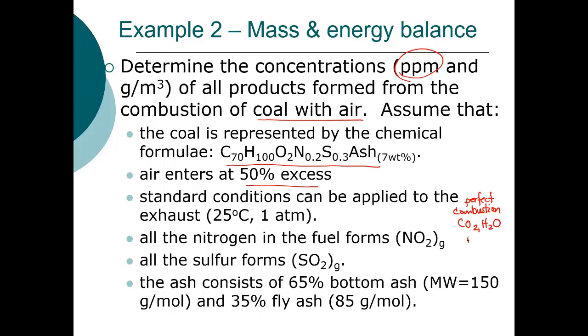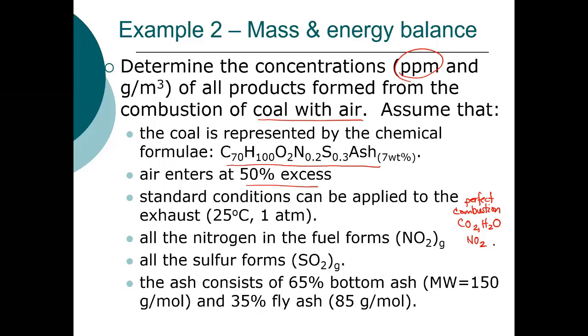We'll assume we have NO2, but that NO2 is only from the fuel. The nitrogen that's in the air does not react to form NO2. So if we have perfect combustion, any of the nitrogen entering the system leaves as N2. So there's no additional NO2 from the nitrogen in the air.